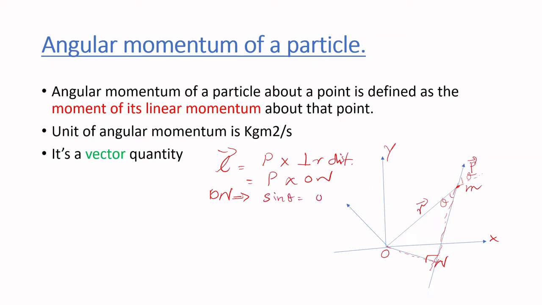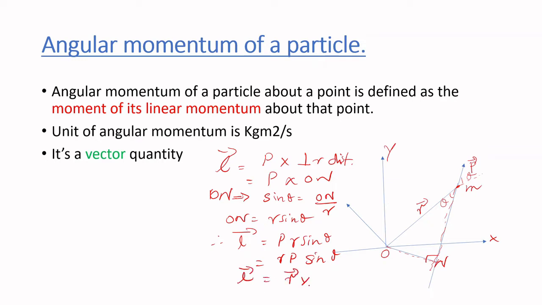Sine theta is equal to ON divided by R, so ON is equal to R sine theta. Therefore, L is PR sine theta, or it can be RP sine theta also. So from the relation, the vector L is equal to R cross P.